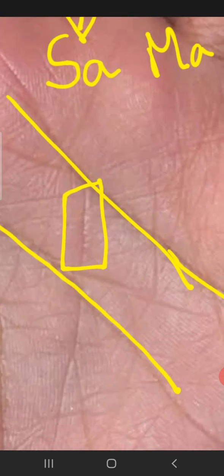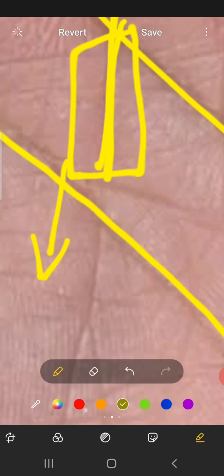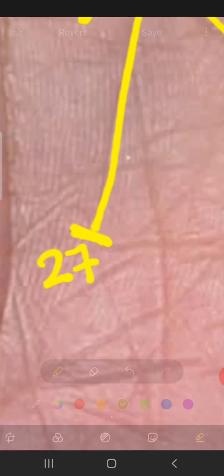So when I am doing Saturn Vakri, I will first look at this part and then I'll proceed downwards to see what is happening. So we have to look at this part of Shani Rekha, which starts from here and goes this way. This is the point where the Shani Rekha starts, age 27.